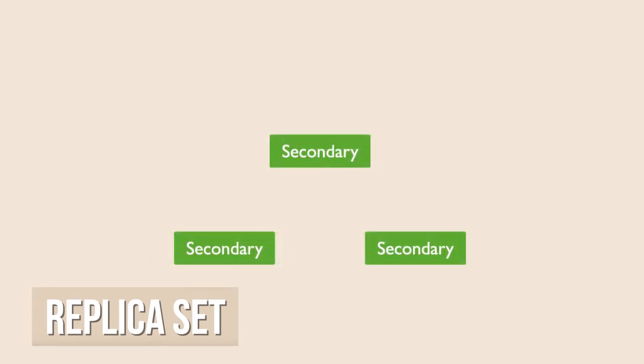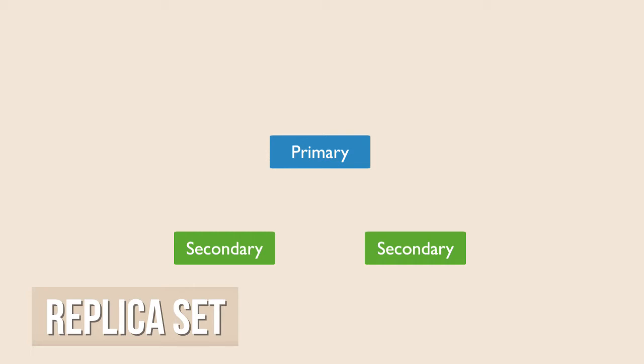A replica set is a group of mongod instances that maintain the same dataset for providing redundancy and high availability. When a replica set is configured, a primary is elected while the other instances will remain as secondaries.